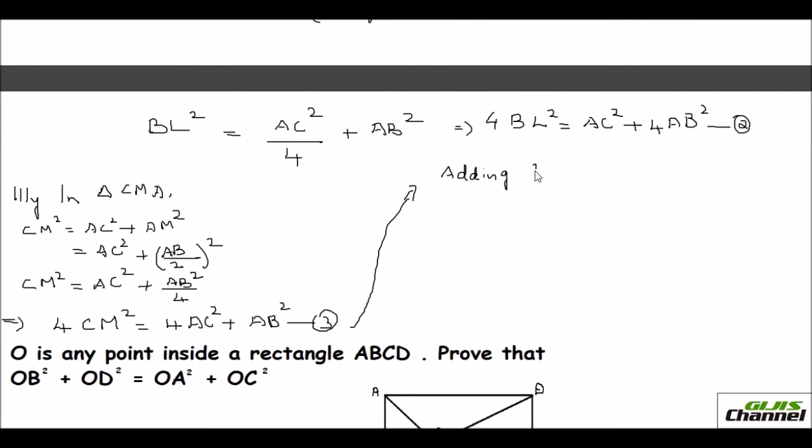Adding equation 2 and 3, what do I get? 4BL square plus 4CM square, I'm adding the left hand side first, okay? is equal to, here you have AC square plus 4AB square in equation 2, and in equation 3 you have plus 4AC square plus AB square, right?